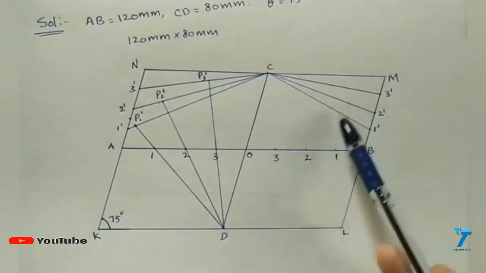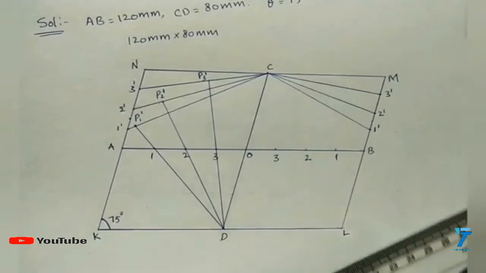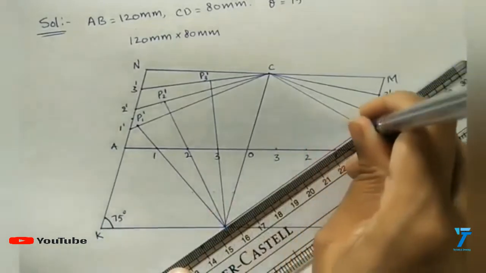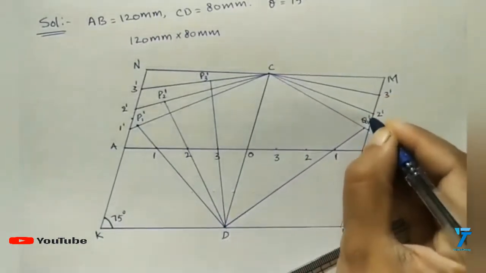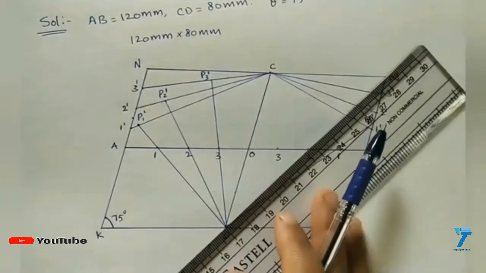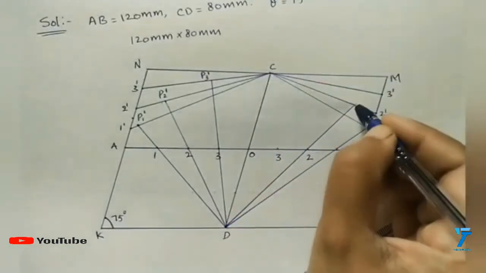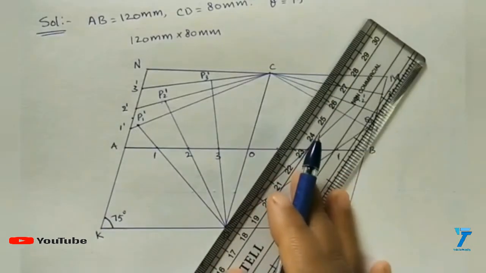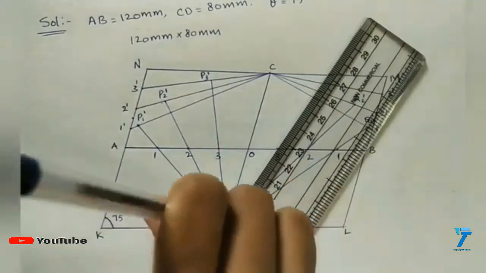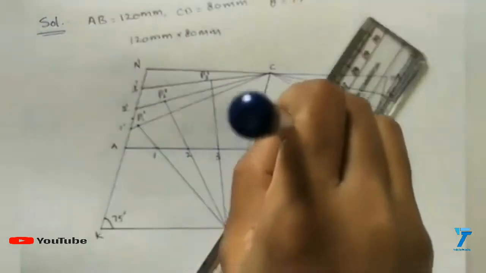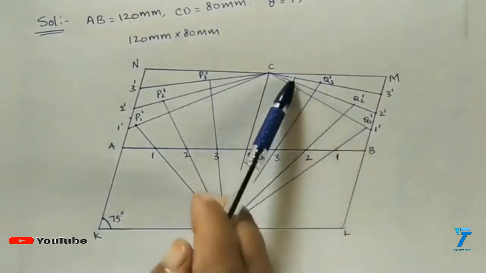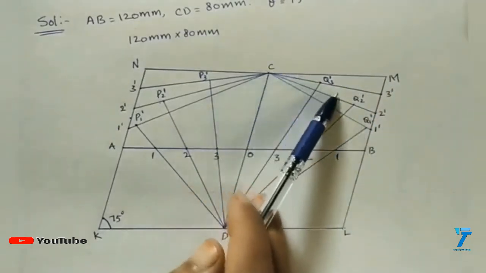Join D2 and extend up to 2 dash. Join D3, extend up to 3 dash. So it is Q2 dash. Joining all these points with B and C, we will get 1/4 of the ellipse.